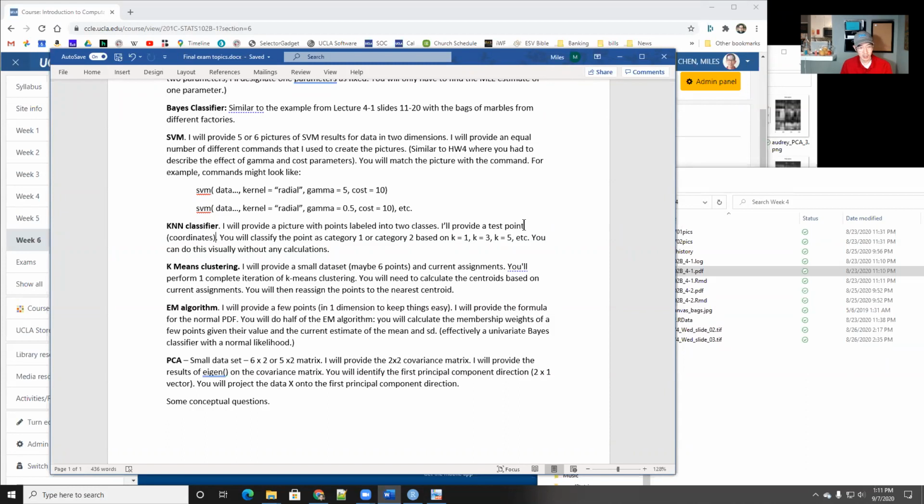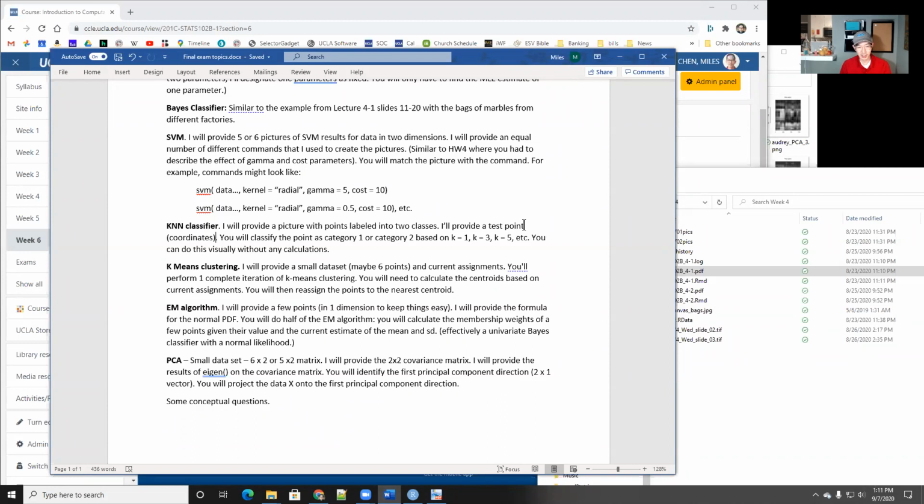Okay. We'll also do k-means clustering. I'll provide a small data set, maybe around 6 points or so, and I'll have current assignments for these.